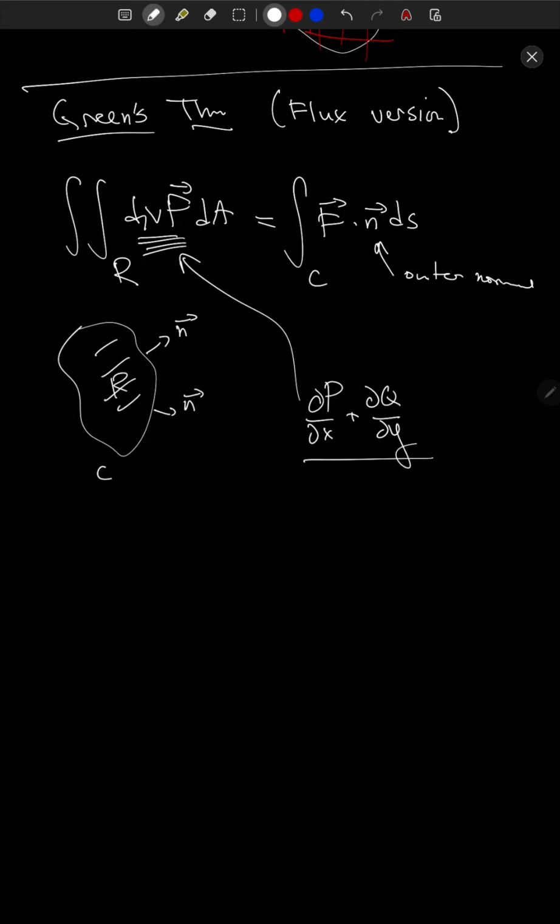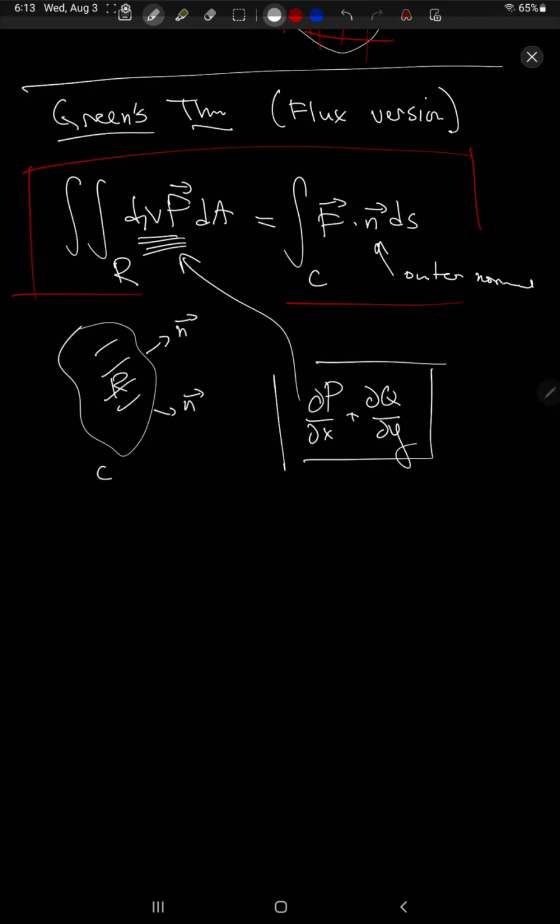Okay, so now let's finally see why we actually have a name for this strange looking quantity. The way we're going to discuss it, it's kind of encoded in our expression for Green's theorem. But before we step to that, this is a version of the fundamental theorem of calculus. What is the fundamental theorem of calculus?